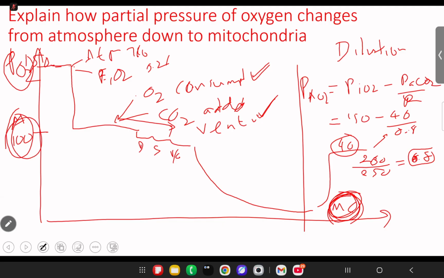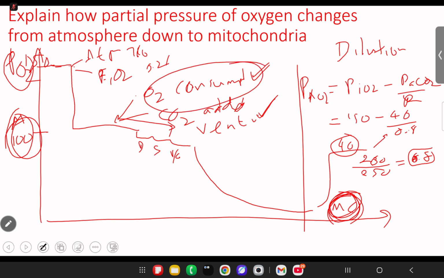This 100, what will happen to it? It should increase to 150. Excellent. That is the reason. If you do not consume oxygen at the tissue level, there is no creation of a gradient, so it keeps increasing up to 150 because nobody is consuming oxygen.